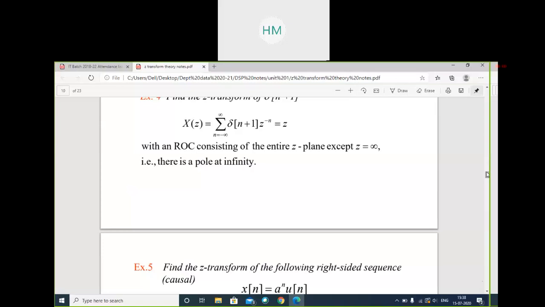The left and right-handed sequences are very important. A right-handed sequence is a causal system, which means the values for this system exist for n greater than 0. So please simplify, I will wait for your reply. Try to simplify.